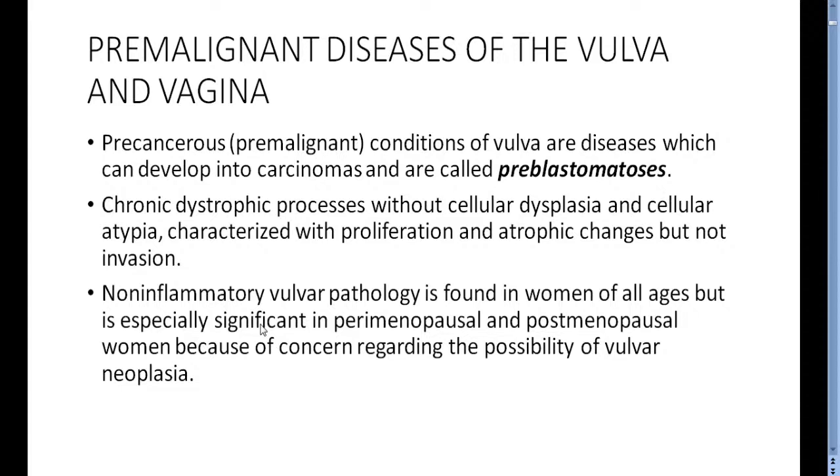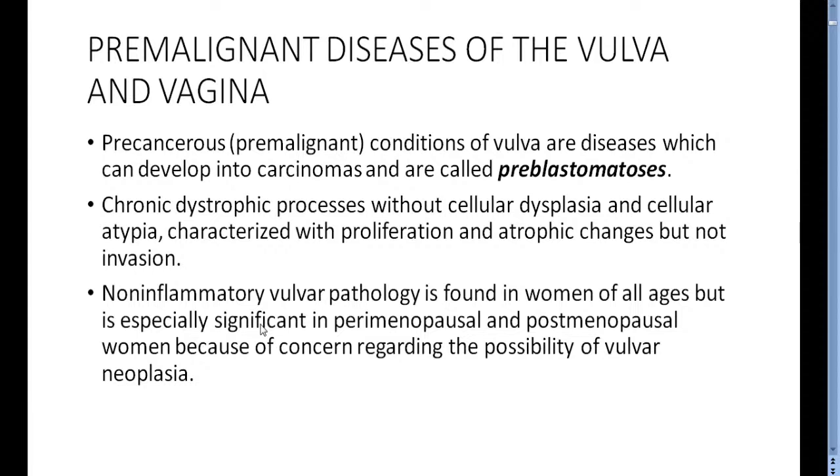Chronic dystrophic processes without cellular dysplasia and cellular atypia are characterized by proliferation and atrophic changes, but not invasion. So when there is no invasion, but proliferation and atrophic changes, these are dystrophic and non-malignant processes.